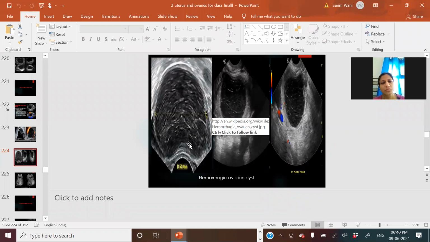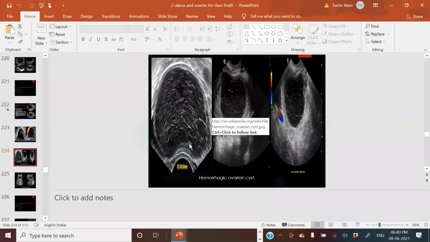Now, will dermoid change overnight? If I am scanning today and if I am scanning the day after tomorrow, will dermoid change in a span of 24 or 48 hours? No, sir. Will endometrioma change? Yes, sir, it can change.